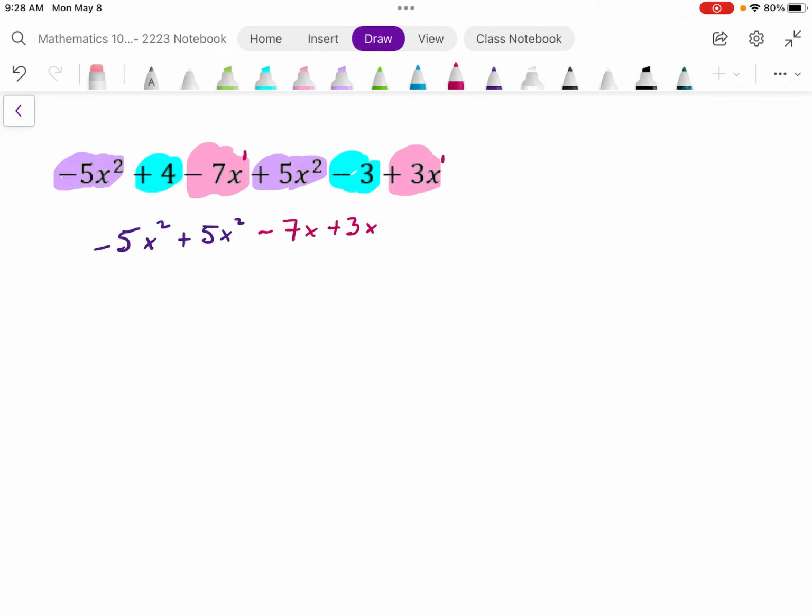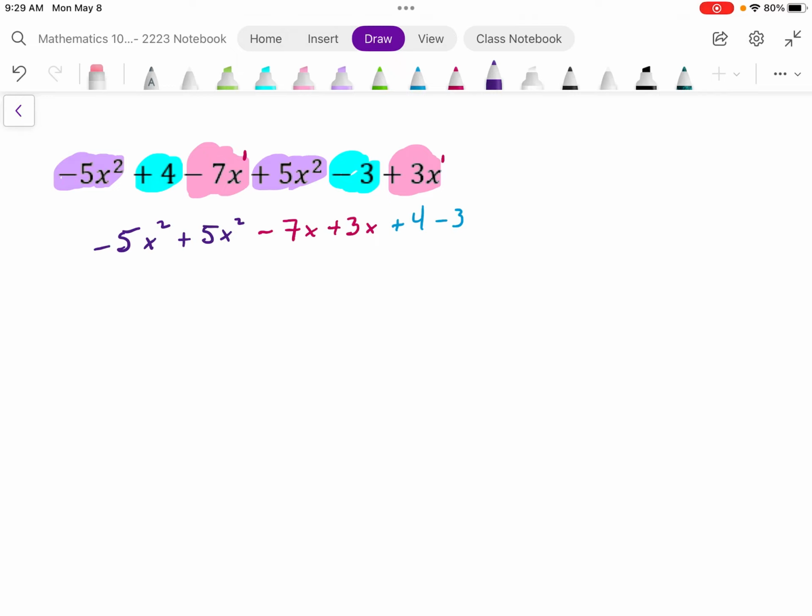That's all very nice. And then basically I'm just moving each of these terms and not doing any math. This is just pure organization. I'm moving each term so that like terms are beside the other ones and in descending order of degree. So the purple group is degree 2, the pink or red term is degree 1, and the blue term is degree 0.